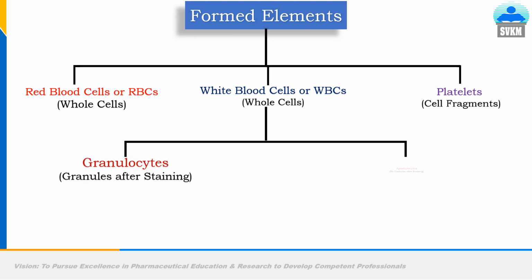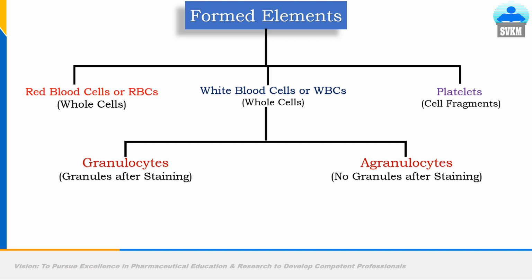WBCs are further divided into subcategories, granulocytes and agranulocytes, depending upon microscopic staining, whether granules are present or absent.